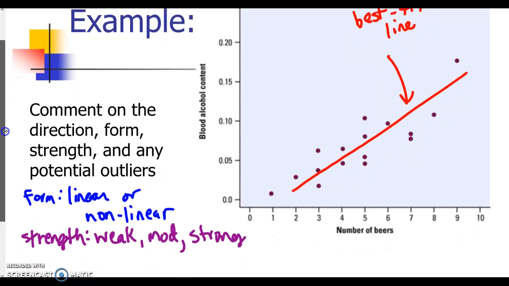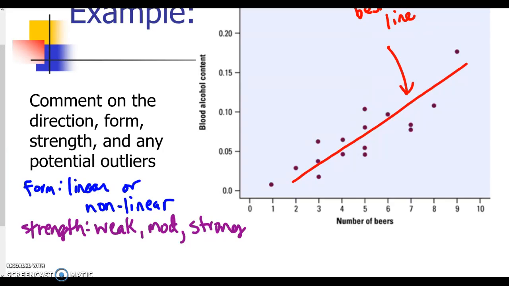And then last but not least, we have direction. Obviously your choices for direction are either positive or negative. In this graph, you can look at the slope of your best fit line. So the direction of this graph is positive.